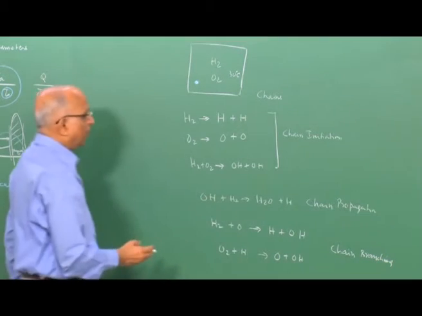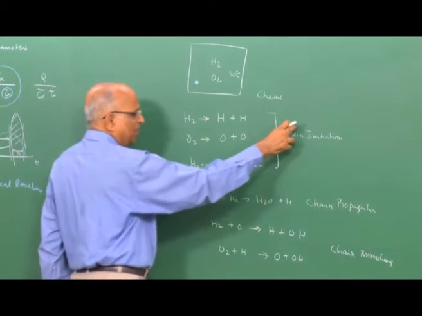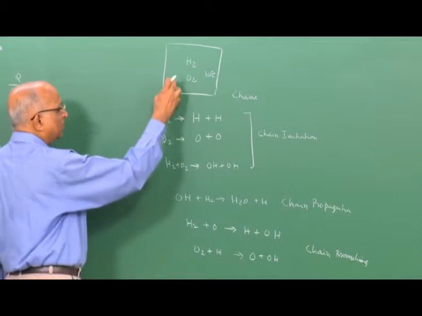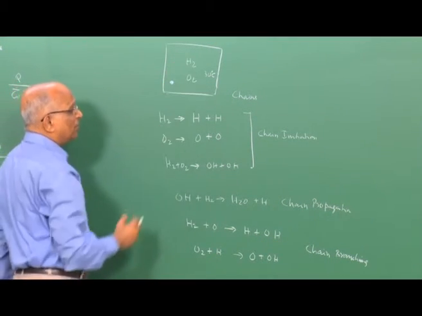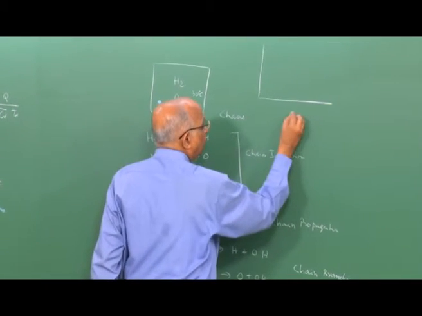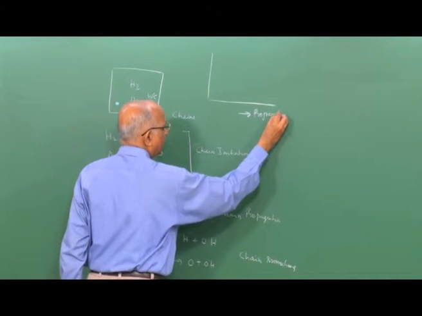Therefore, what has happened? The act of releasing some energy starts these reactions, the chain initiation reaction, chain propagation reaction, chain branching reactions, and it produces a lot of these chains. And you will recall, we also talked about this axis representing the progress of a reaction.